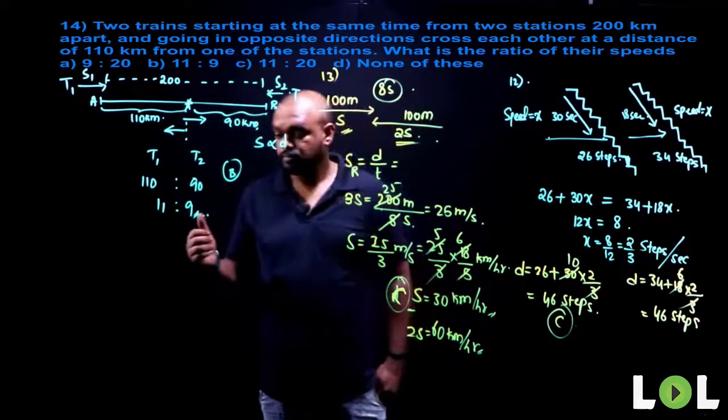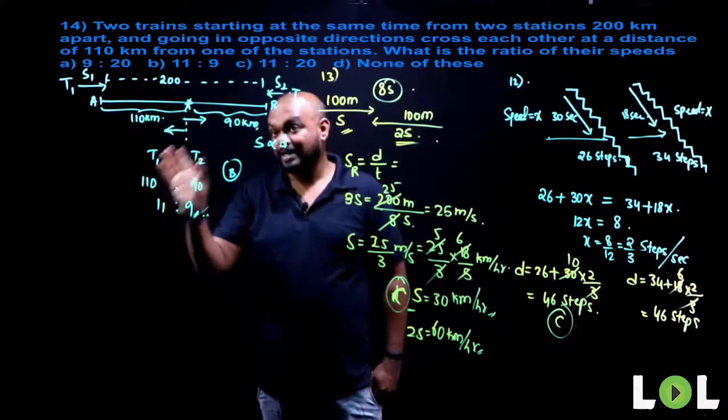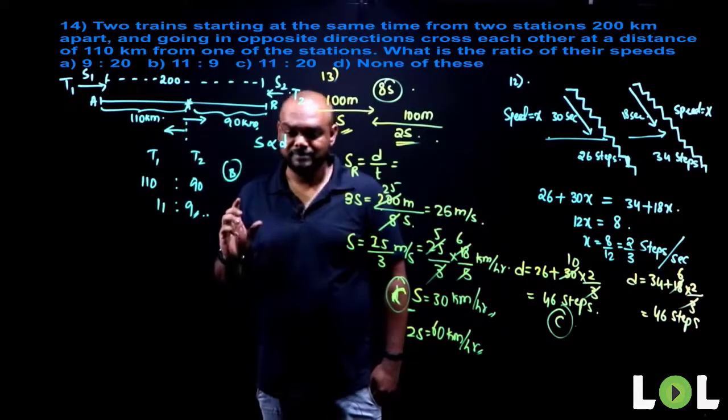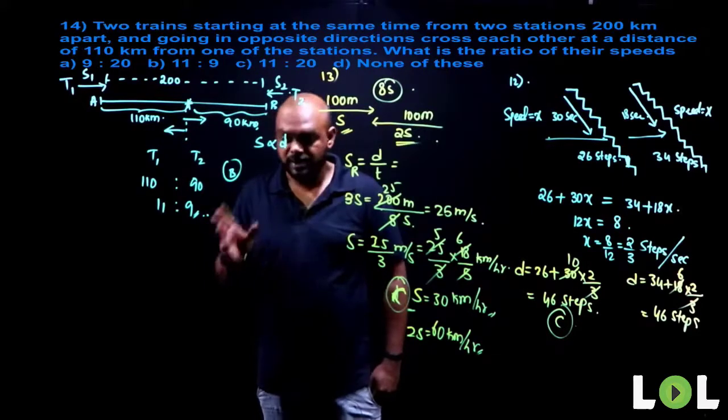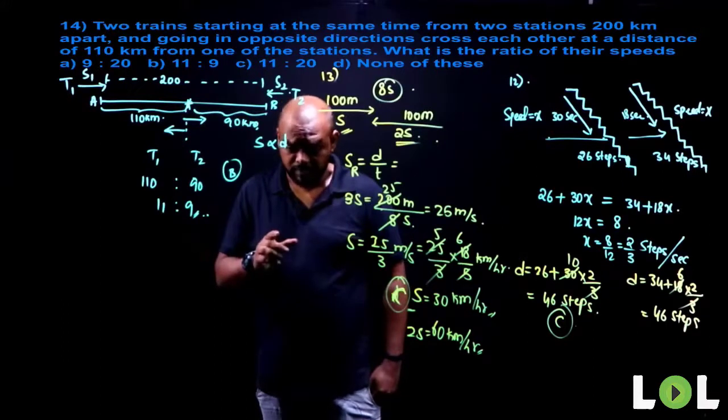No, you cannot get 9:11. Train 1 covered 110, train 2 covered 90. If he is asking the ratio of the speeds, did he mention train 2 is to train 1?